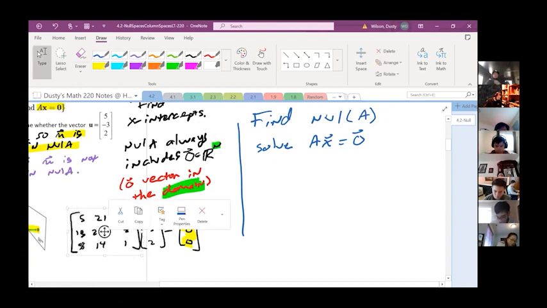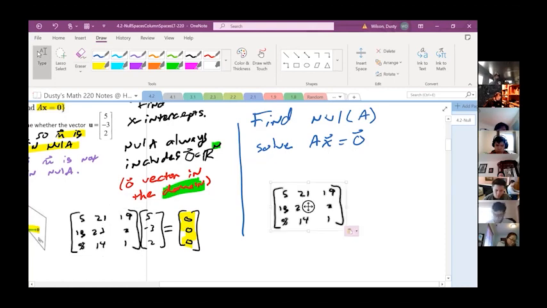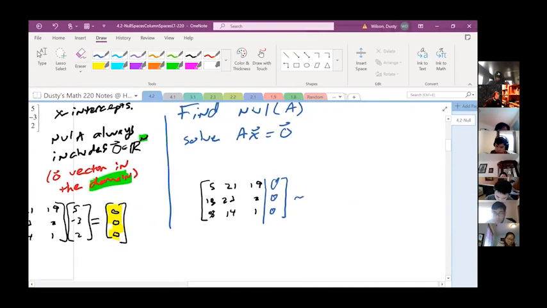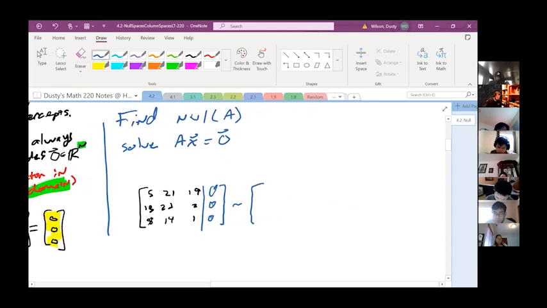This would be like saying you take that matrix A, augment with 0, and row reduce. When you row reduce, you're going to get out 1, 0, negative 2.5, 0, 0, 1, 1.5, and 0.